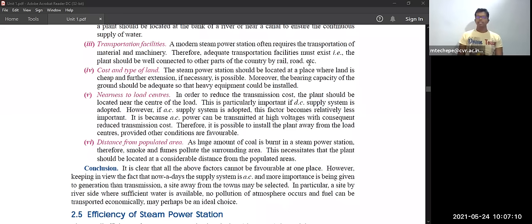Otherwise, they may give only the parts and assemble over here. Some people will come and assemble the whole machinery in some 10 days, 1 month. So that is also possible. Nowadays everything is made in India itself. Very few parts we are importing from other countries.